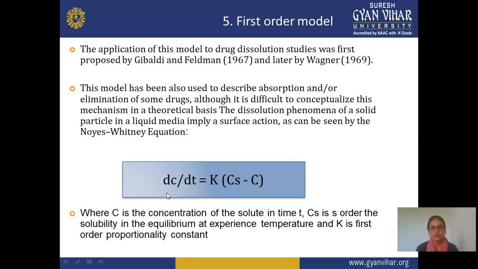According to this equation, dC/dt equals K into (Cs minus C) in brackets.